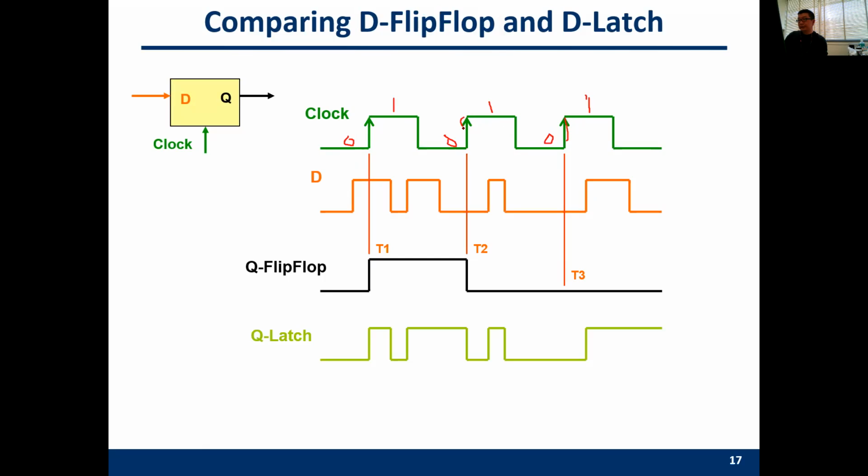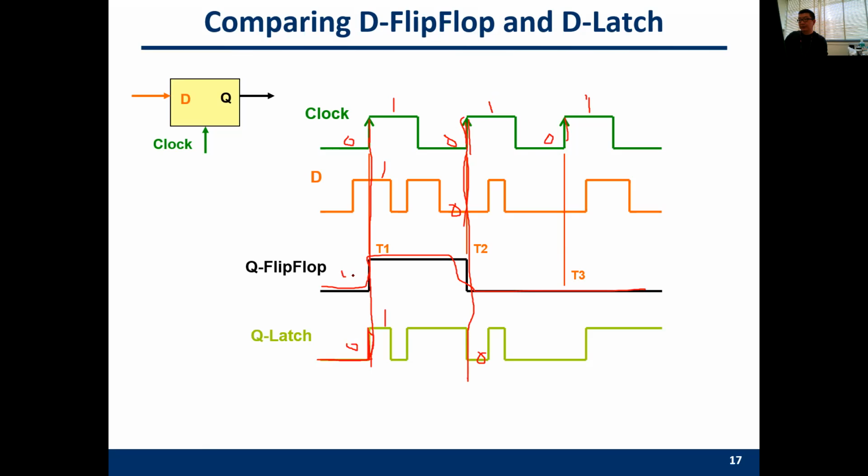So at only 3 time points the D flip-flop is triggered. You can see that the output of the D flip-flop here is changed at this point from 0 to 1. Why? Because the input here is 1. Also, it will be changed here. Why? Because the input here is a 0. I'm sorry, this is the D flip-flop result.